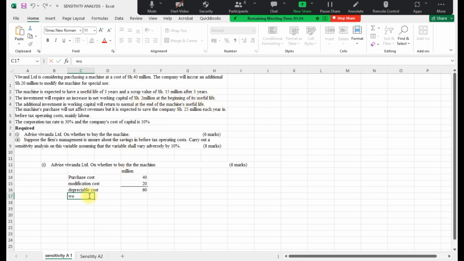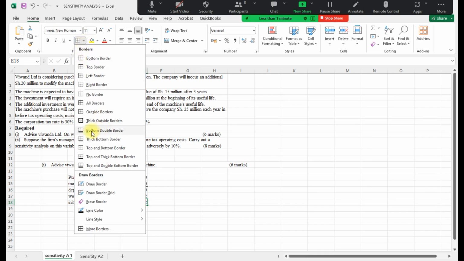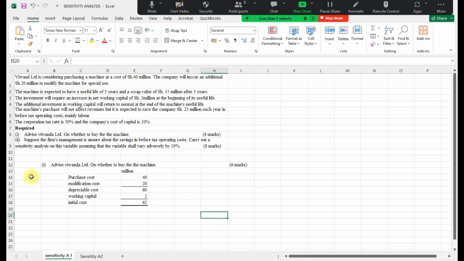So we shall need working capital of 2 million, meaning that our initial cost for this particular project, our initial outlay, will be 62 million.